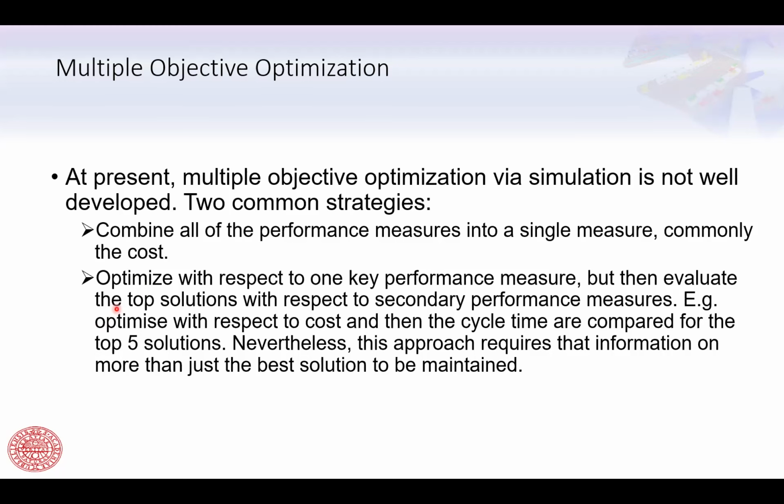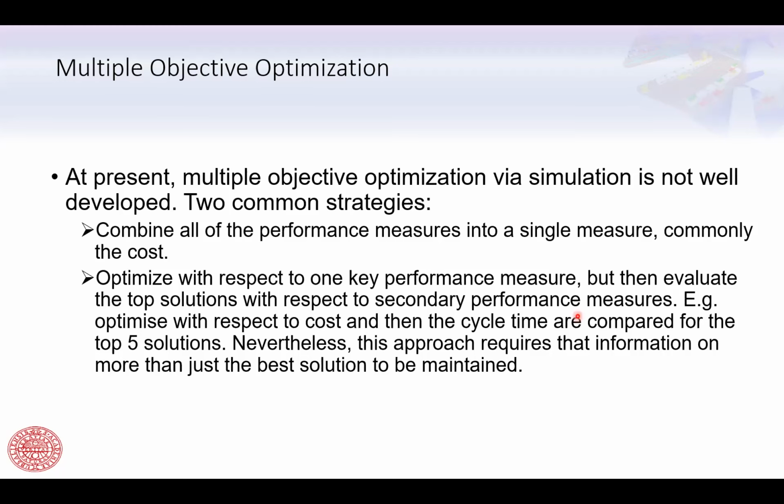And then there is another interesting method that you can also do by yourself already: you always treat one of the performance measures as the key performance, and then you keep the top solutions and try to study how the secondary performance measure, that means the second objective, will behave. In this case, this approach is workable in the sense that, of course, you will consider two objectives, but the problem usually will be that you always optimize one objective, and the other objective is actually neglected in the optimization process.